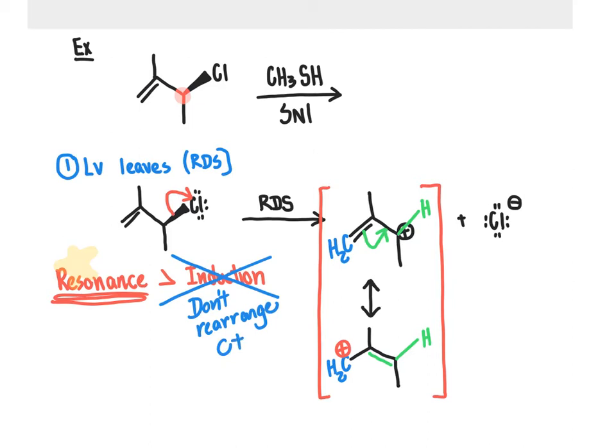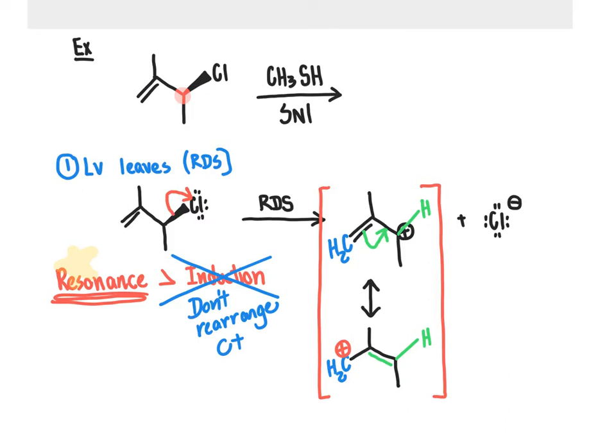Here we can do resonance, therefore we are not going to rearrange the carbocation, because rearranging the carbocation would just make a secondary carbocation into a tertiary, which would improve the induction, but induction is not as strong a force as resonance. We can think of resonance as being the stronger force because resonance allows us to fully share the positive formal charge over multiple atoms. As we're seeing with our 2 resonance structures for the allylic carbon, we're sharing that positive charge over 2 different carbon atoms, hence each carbon atom only has to bear essentially half of the burden of that formal charge.